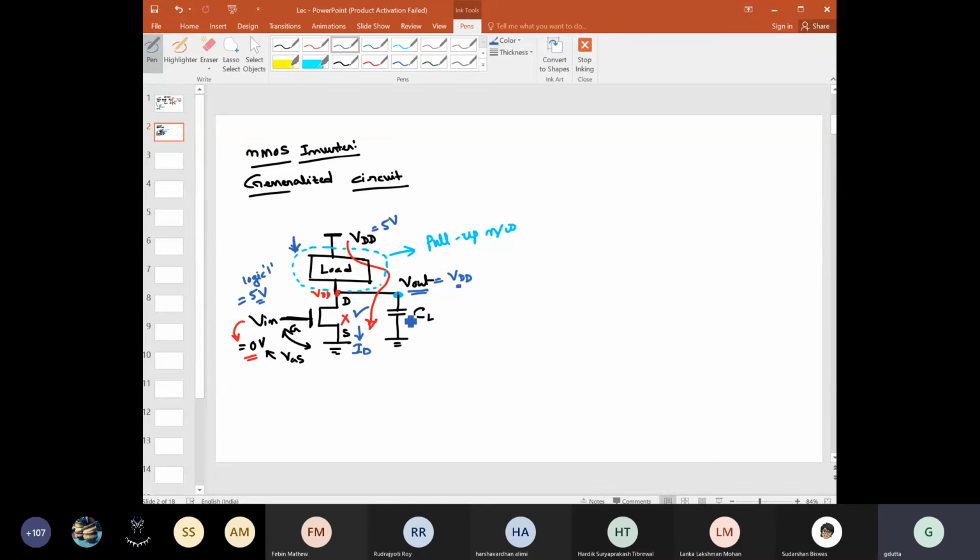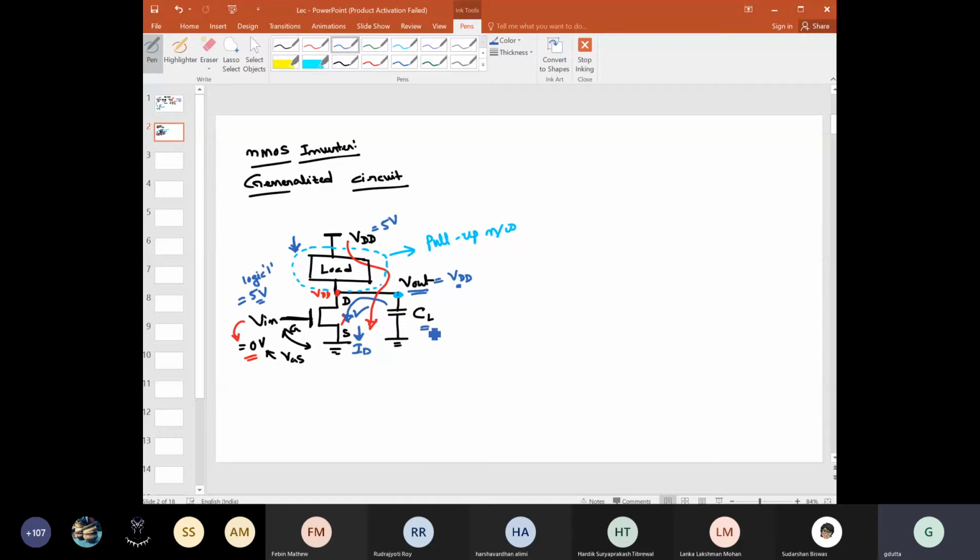The capacitor will try to get discharged through this, whereas this current will try to, some part will flow through this and some part will try to charge this capacitor as well. So if the driving capability of this is more than the driving capability of this, then we will finally see this capacitor will get discharged through this transistor, right?